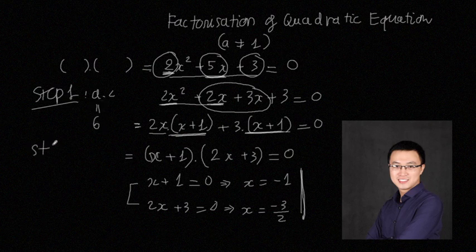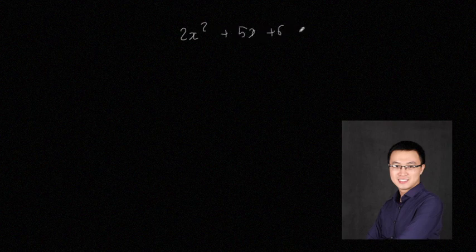And the second step, I will separate 6 into something times something, maybe 6 times 1, or 2 times 3, or minus 6 times minus 1. Sorry, some mistake here. Let me rewrite that: 2x squared plus 5x plus 3 equal to 0.